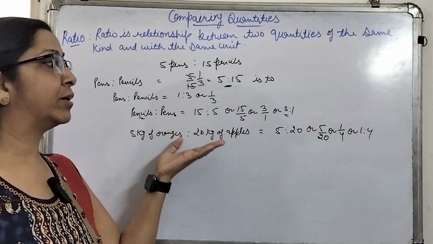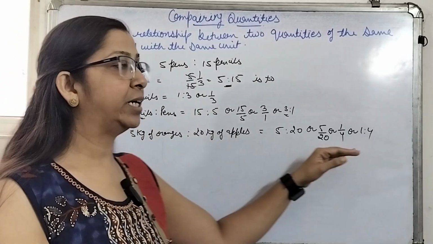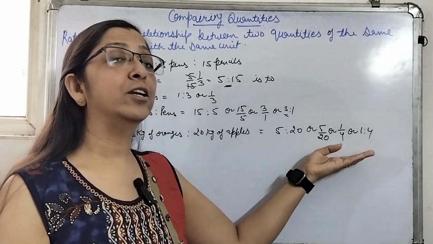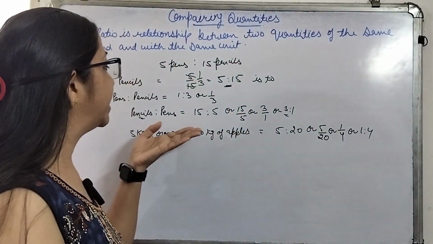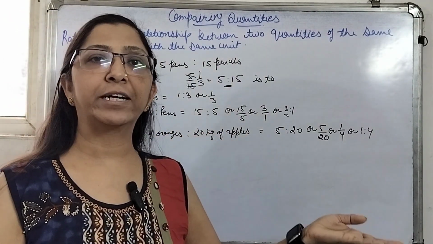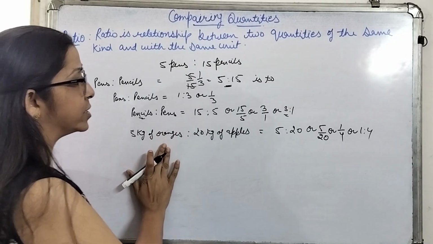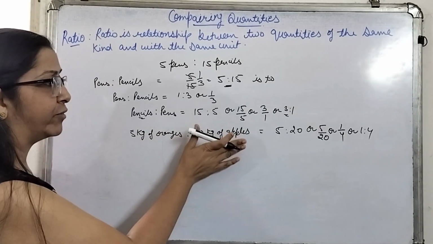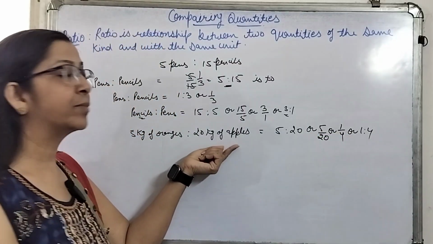That simply means whenever we are representing any two given quantities in terms of ratio, we never use units. Units are not used. It is simply a number which shows how many times one thing is of the other thing. Over here we first took oranges, then we took apples, so oranges is 1/4 of your apples.